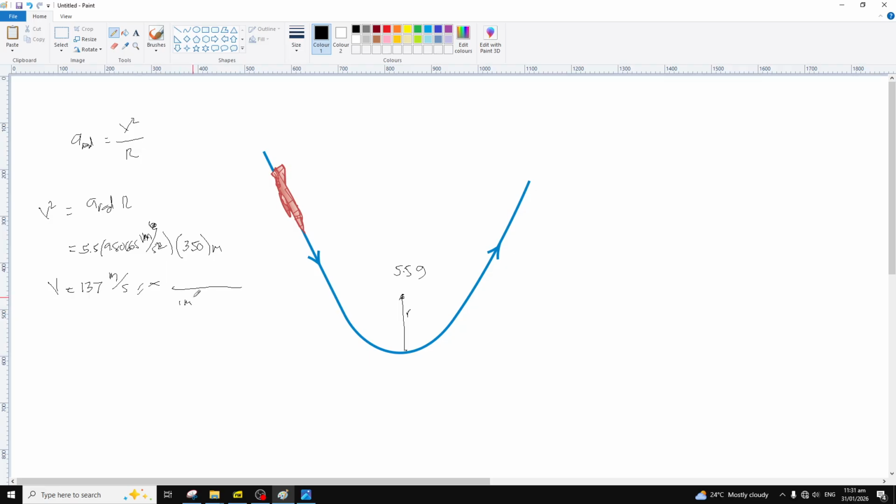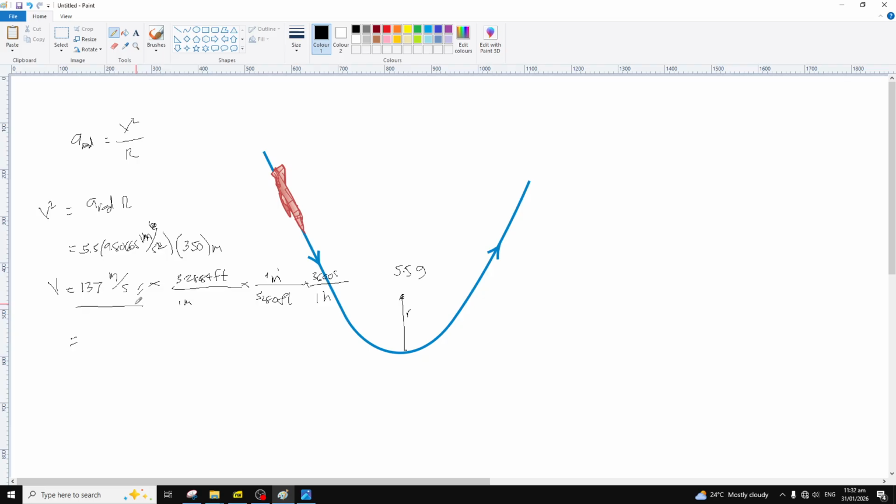So kung gusto natin in miles per hour, kailangan natin ng miles. Yung alam ko is 1 meter is 3.28084 feet. Tapos yung miles is 5,280 feet is 1 mile. Tapos yung second naman is 3,600 seconds in every 1 hour.